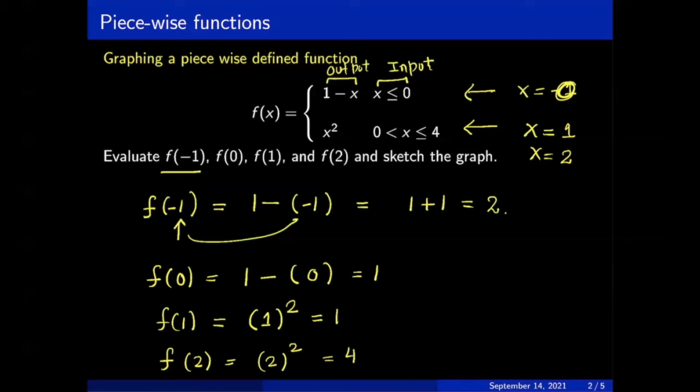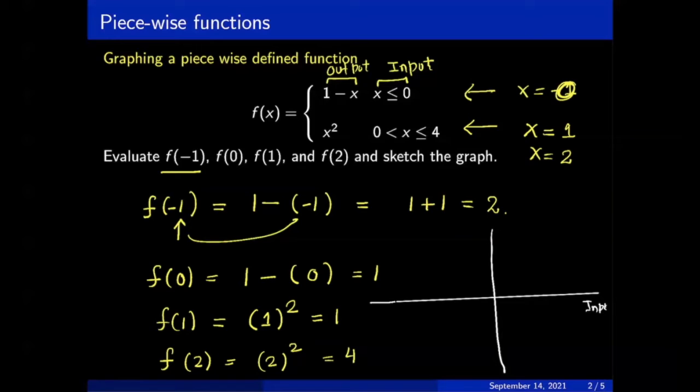Now our next problem is to plot the graph of this piecewise function. Plotting the graph of a piecewise function, first you have to identify the input. So this is the input line, or what we call the x-axis. The input line, when you have a piecewise function, is divided by these pieces, by these rows of the input variable.